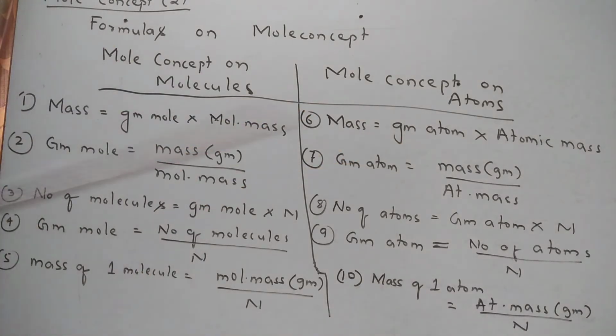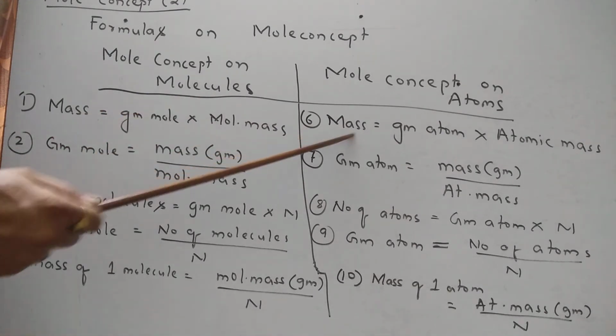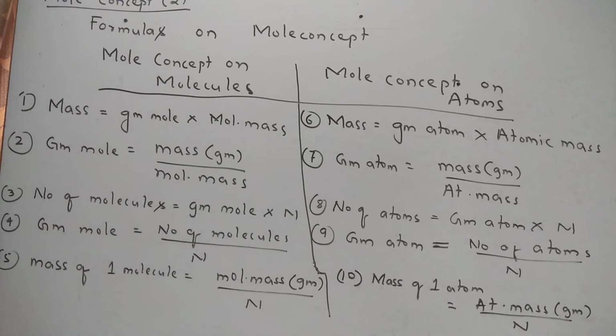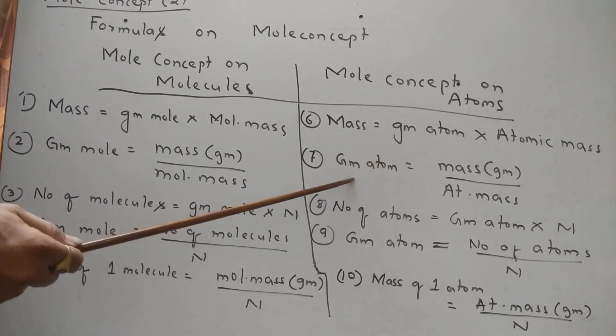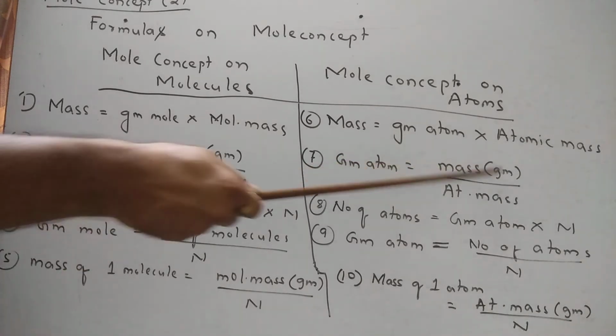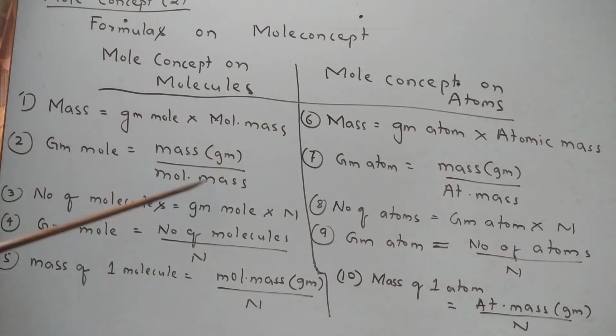Similarly, formulas 2 and 7: in case of molecules, gram mole is equal to mass in gram divided by molecular mass, but in case of atoms, the number of gram atom is equal to mass in grams by atomic mass. Again, here it is the molecular mass and here is the atomic mass.